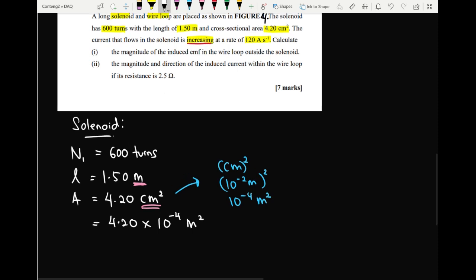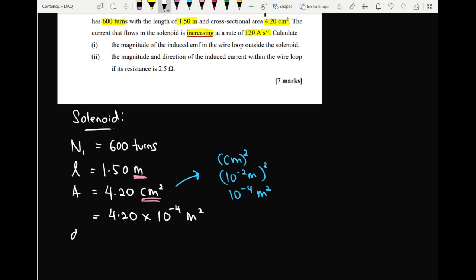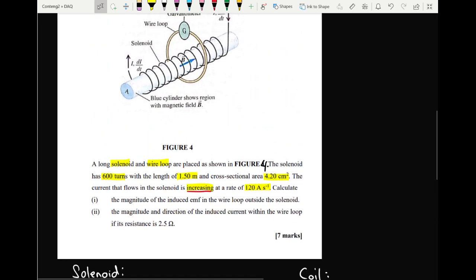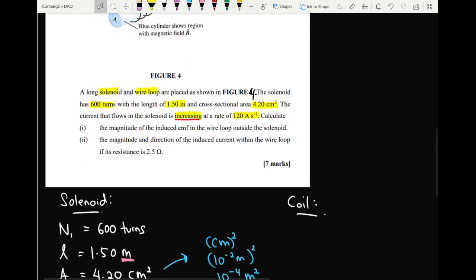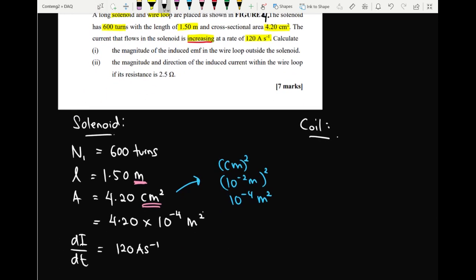And the last information you have is the rate of change of current, di over dt, 120 ampere per second. Then look at the coil. If you refer to this diagram, you just have one turn. So N2 is one turn.